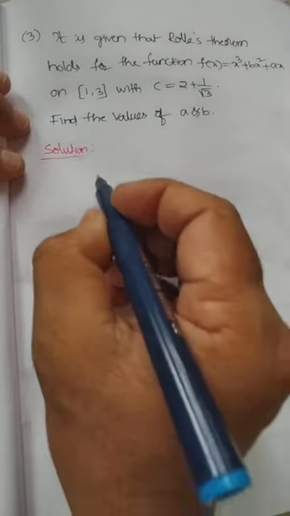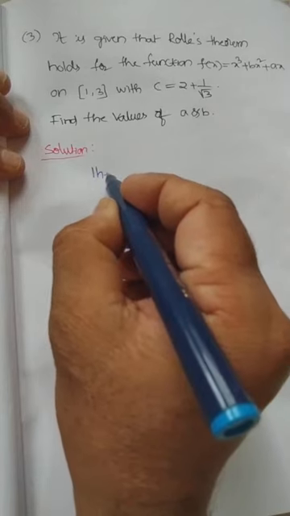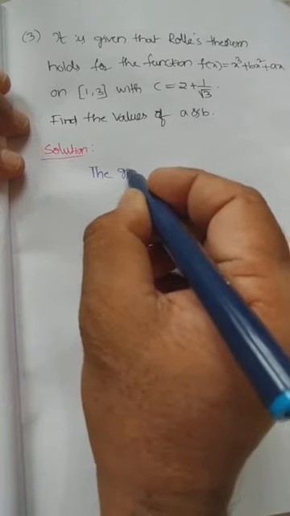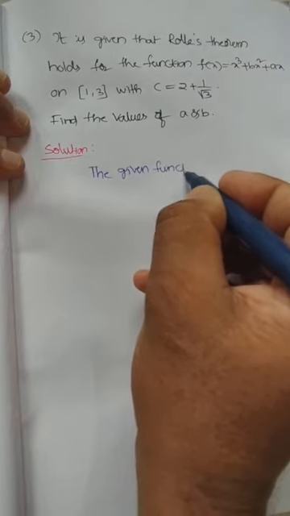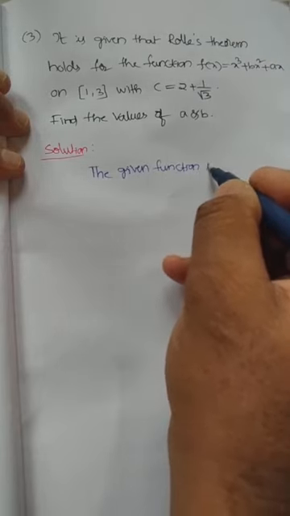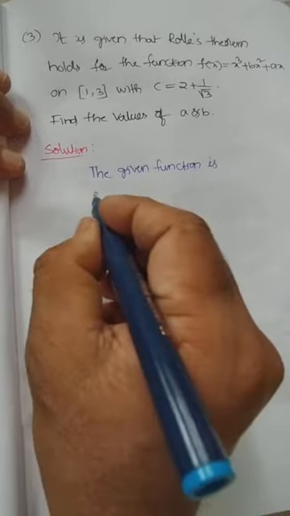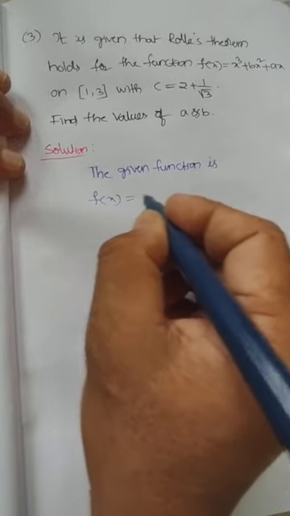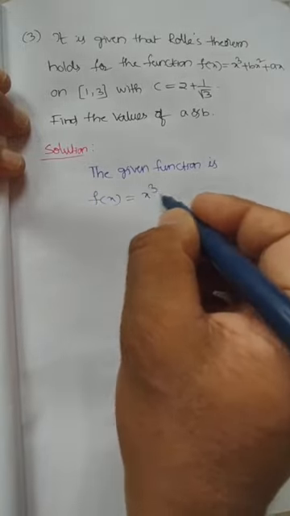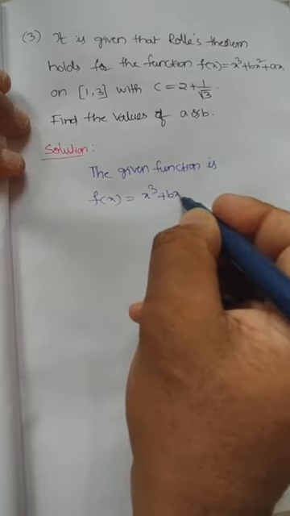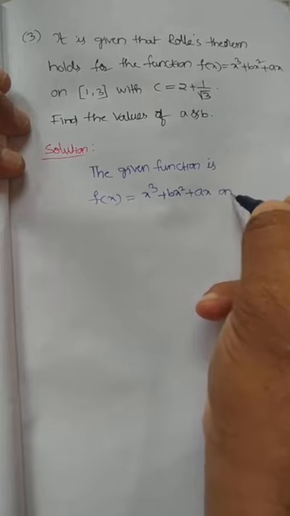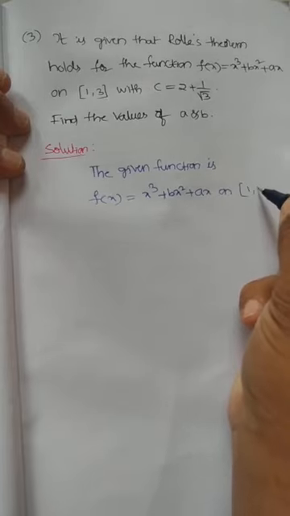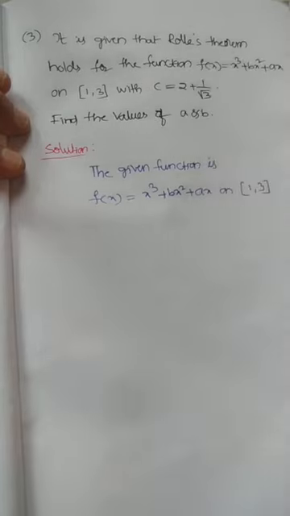Now in the solution, the given function is f of x equals x cube plus b x square plus a x on the closed interval [1, 3].